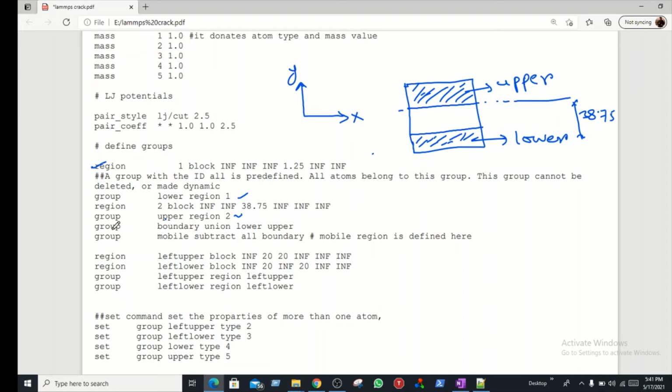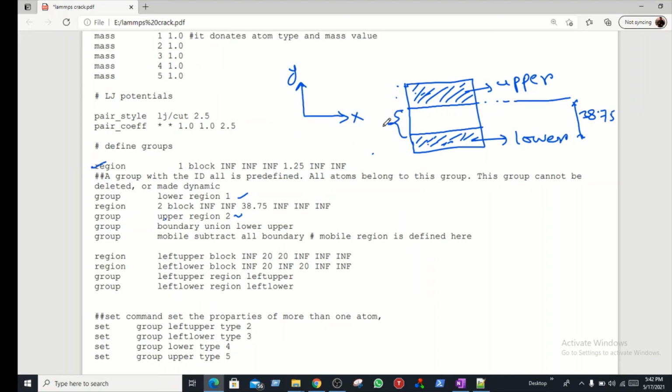And in the next line, group boundary union lower upper, that means you are telling that these two groups, upper and lower, will be in another group which will be named boundary. Then we are creating a mobile group, mobile subtract all boundary, that means we are subtracting the upper and lower groups from the total of the simulation box, and our mobile group will be in the middle part.